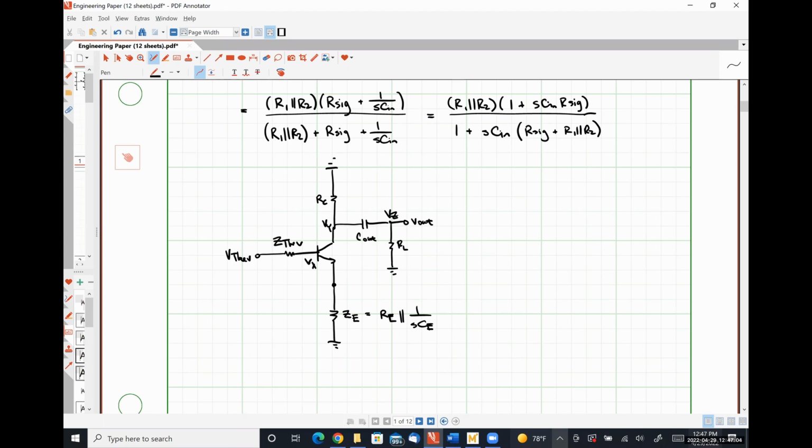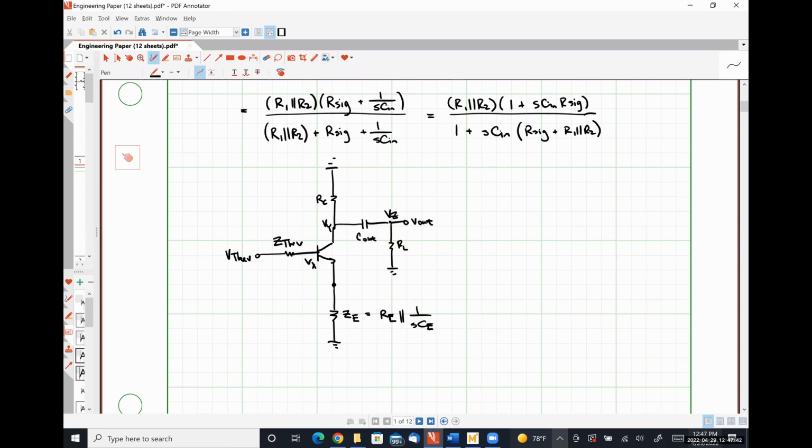All right, so now I want to talk to you guys about how I looked at this thing. Okay? So I looked at this as a common emitter amplifier that has a base impedance Z Thevenin, emitter degeneration from this guy here, ZE, and then I can see that Vy, my output node, is this guy over here.